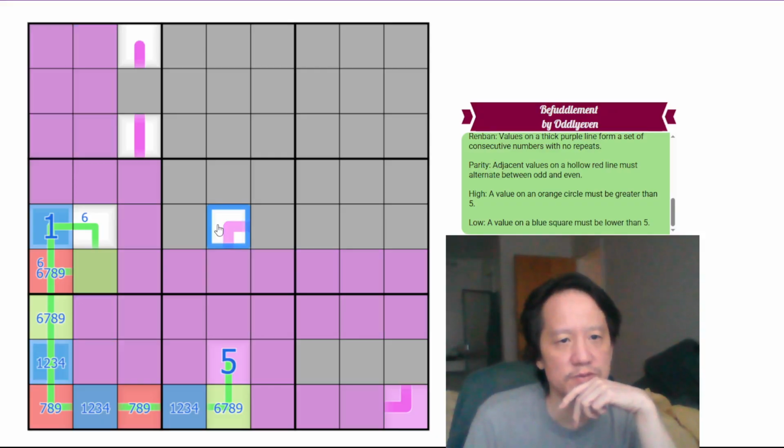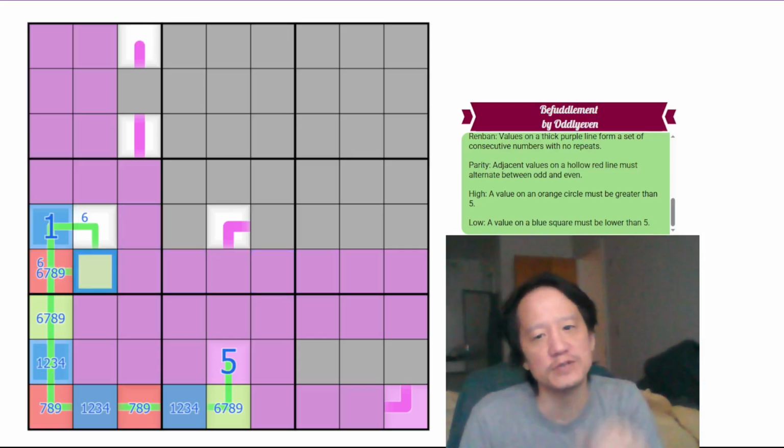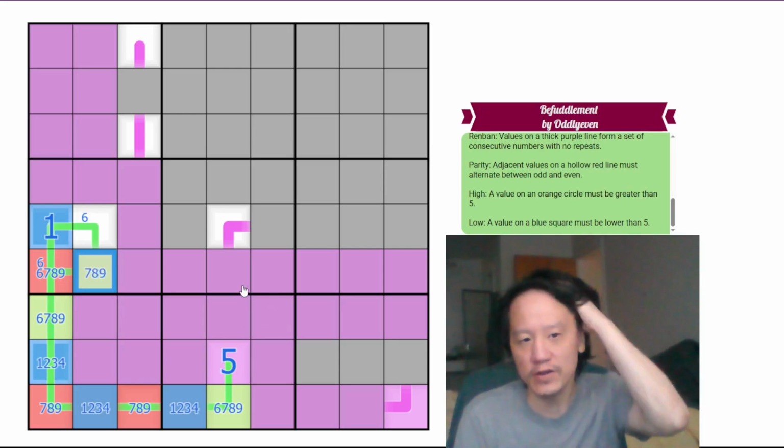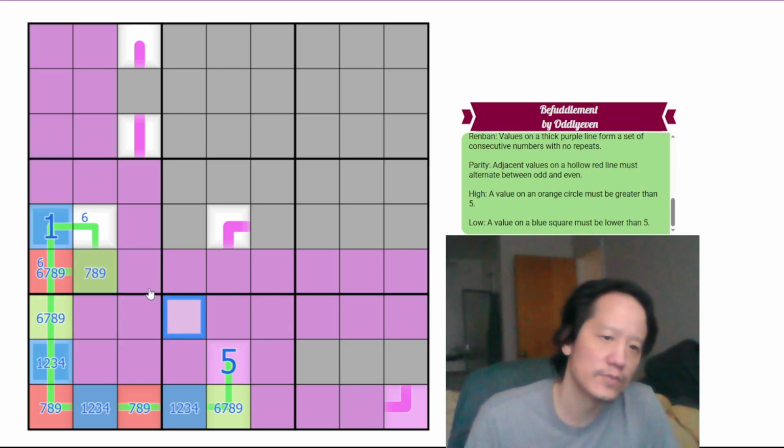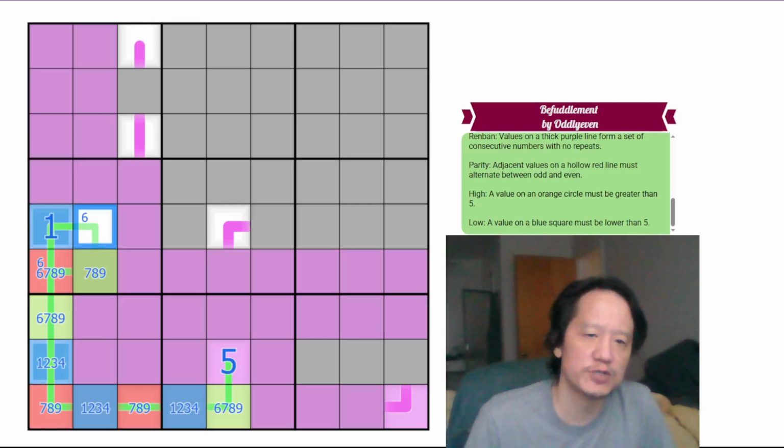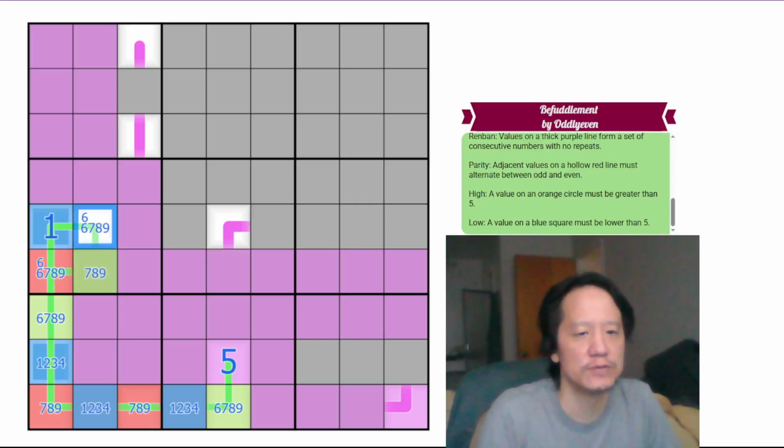This is not doubled in value. One of these 3 is doubled in value. So 6 is one of these 2. This must be 7, 8, or 9 doubled in value. The other digit must be 6, 7, 8, 9 also.